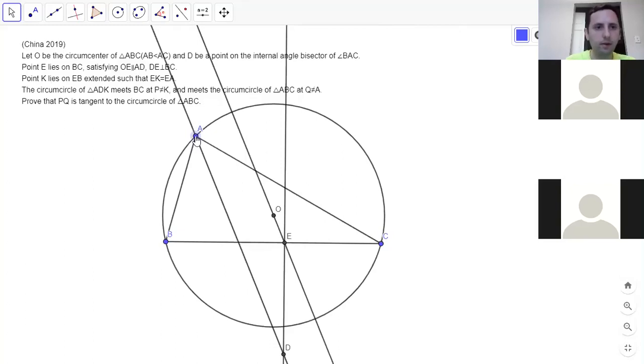K lies on EB such that EK is equal to EA.